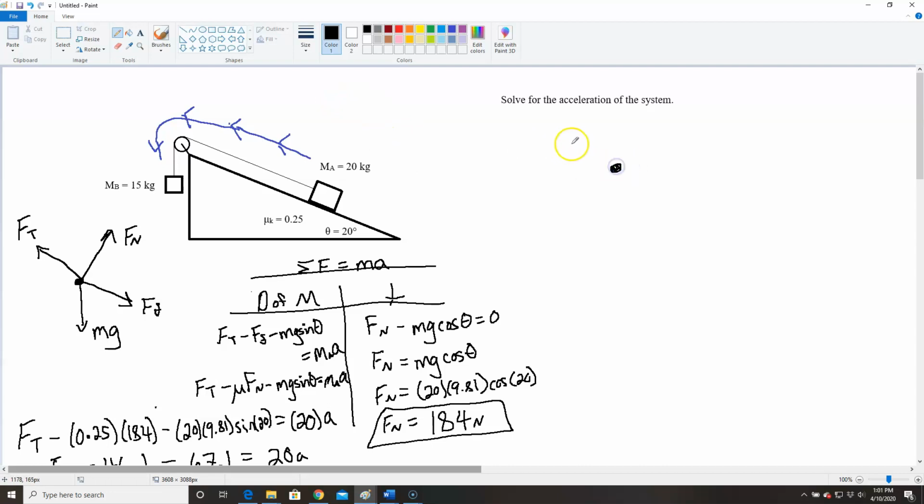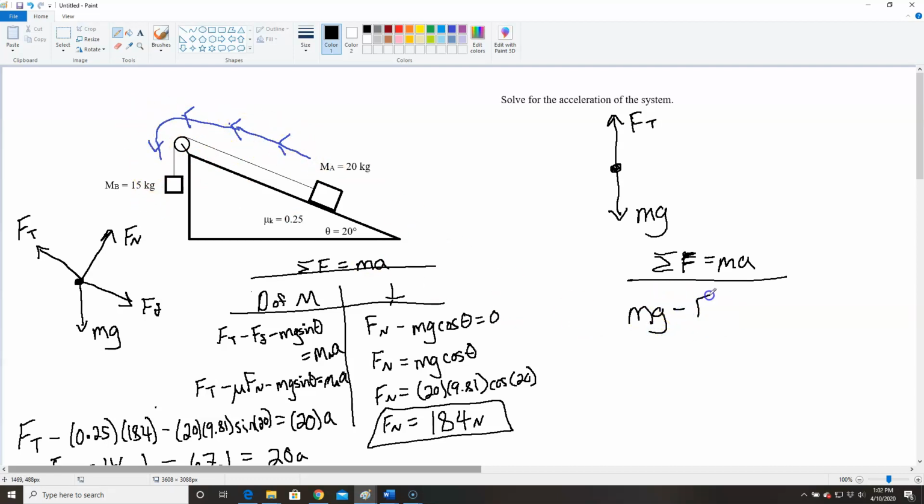Block B is much simpler, only two forces, mg and tension. So the sum of forces on B equals ma. Now the way direction of motion works, mg is going to be positive if we follow the blue arrow.